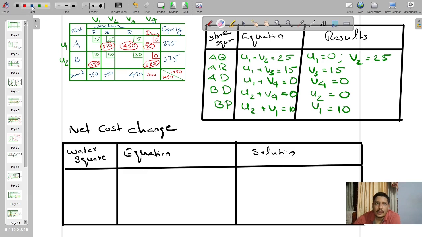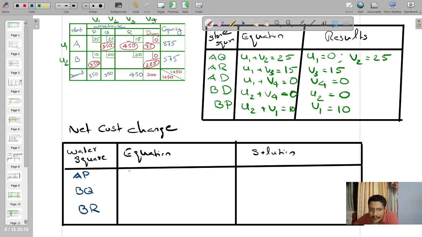Okay, so the water squares in our case will be AP, then we will have BQ, and then we will have BR.